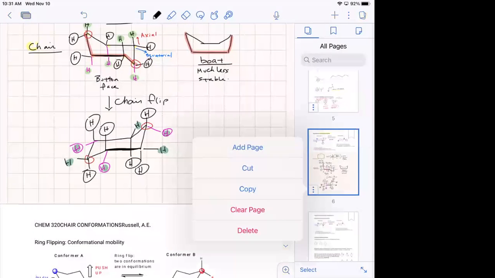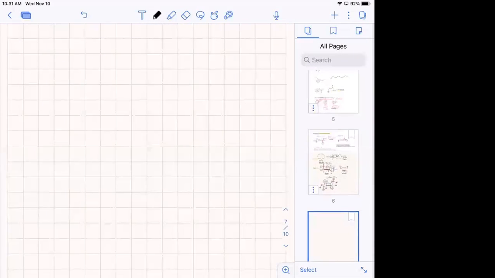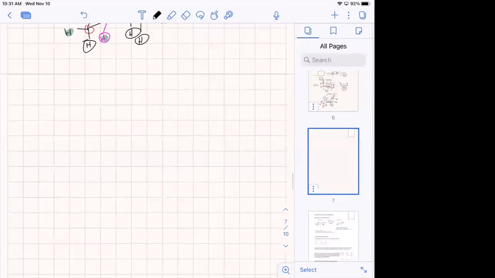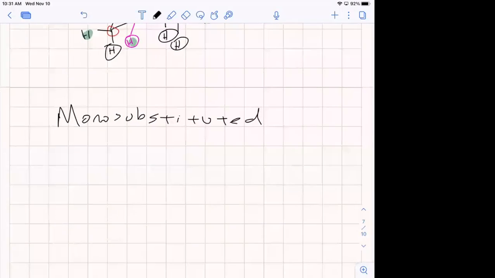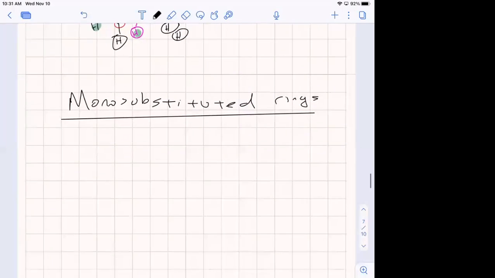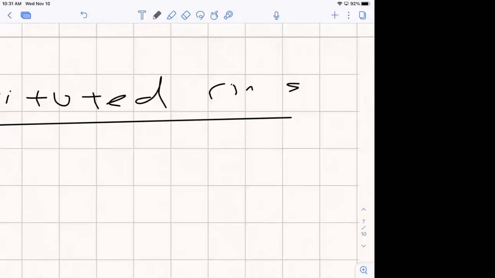So let me add a page and we'll talk about that. We're going to start out talking about monosubstituted rings. All that means is that I'm going to put one substituent on the ring.